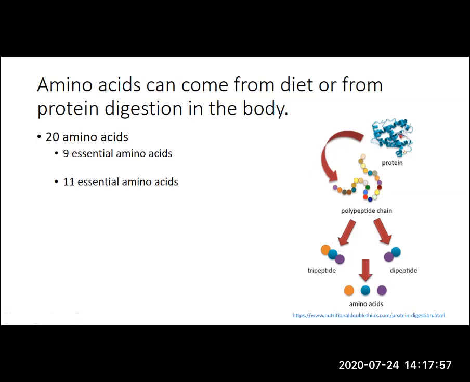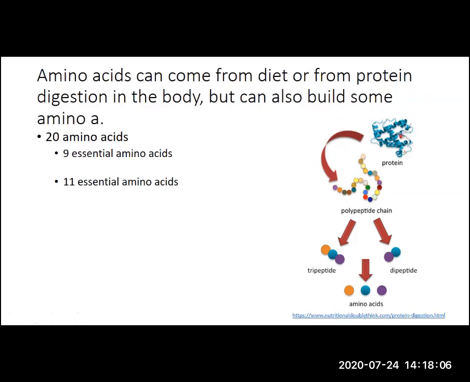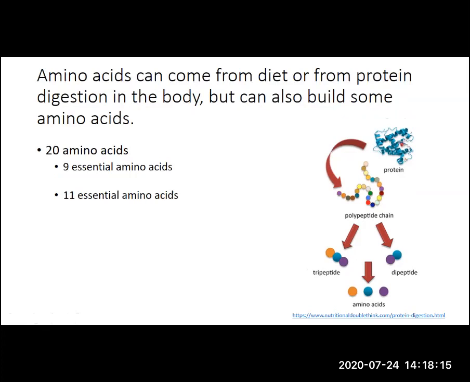But in addition to that, we can also build some amino acids. Basically, within the body, we're going to have enzymes or other proteins that allow us to build our amino acids that we can put together onto our proteins.